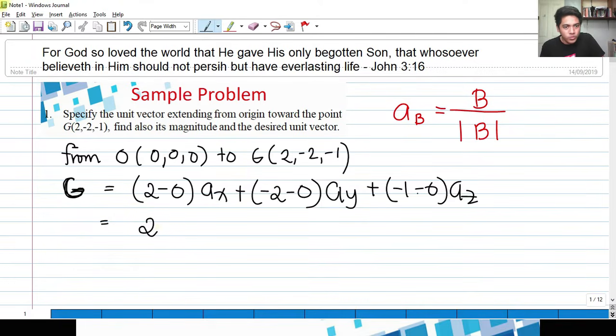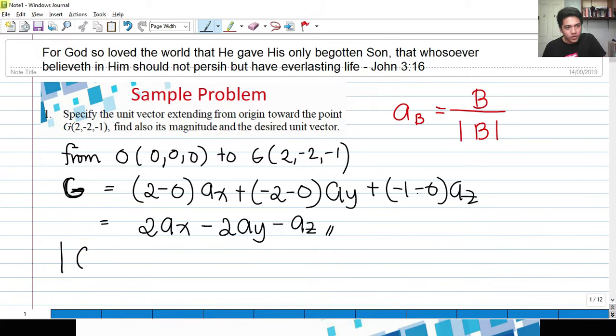Simplifying, we have 2ax minus 2ay minus simply az. And this is the vector from the origin toward that point G.